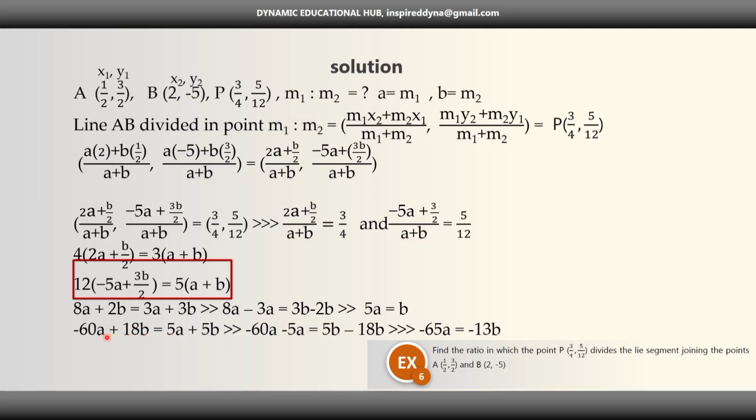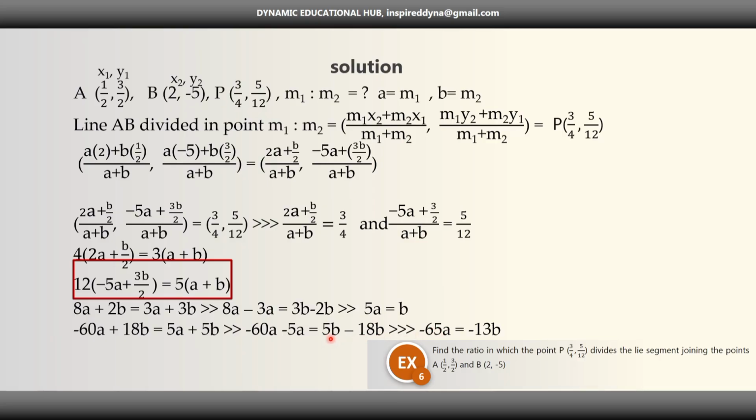After that, I bring your 5A to the left hand side by collecting terms, transfer your plus 18B to the right hand side. So you have a minus 60A minus 5A is equal to, you have a plus 5B here, then you bring this to the other side, so minus 18B. So minus 60A minus 5A, you have your minus 65A.